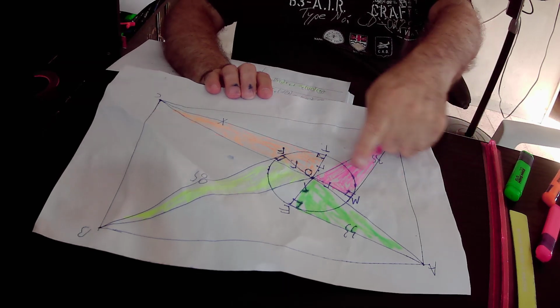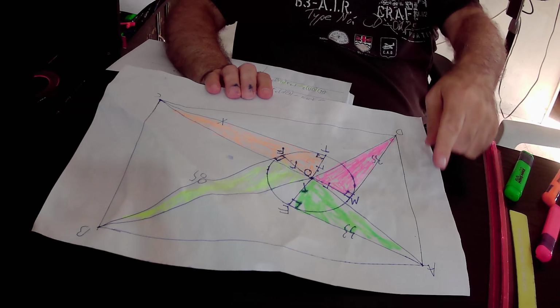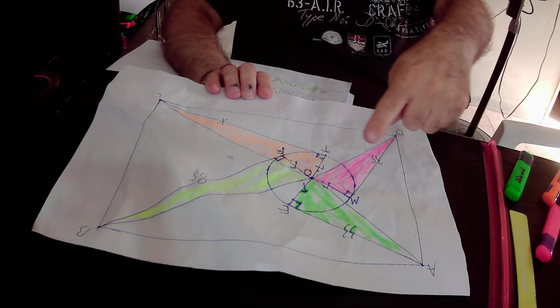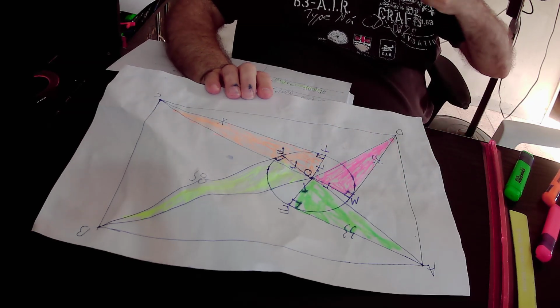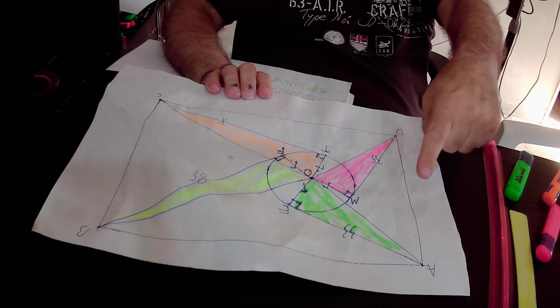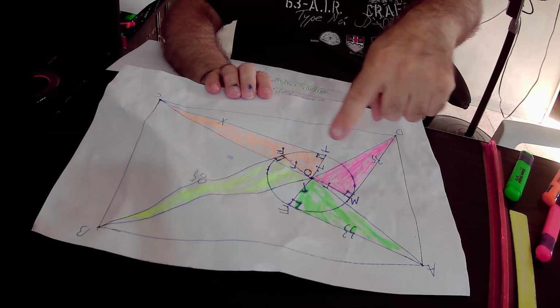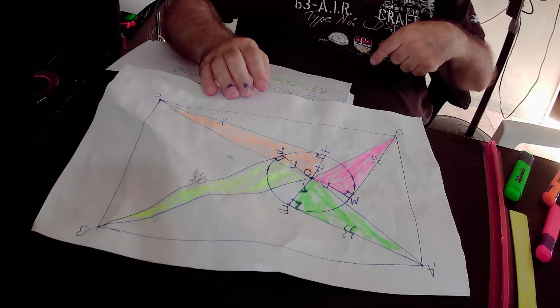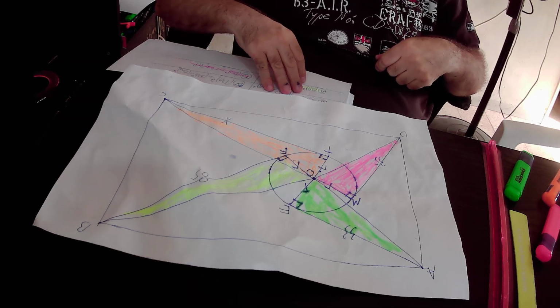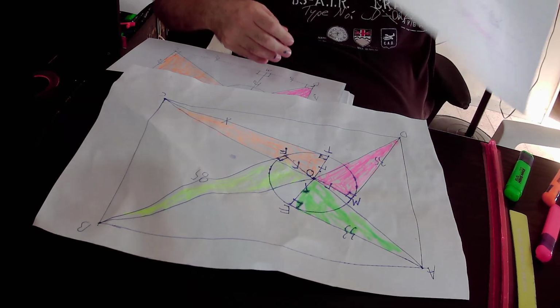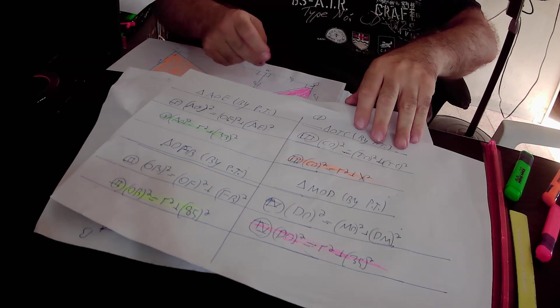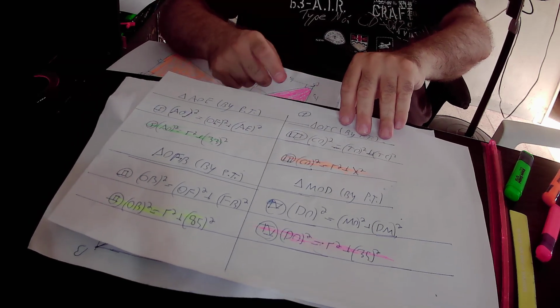We join points A and O together by a straight line. In this way, we created the green right triangle AOE. According to the Pythagoras theorem, AO square equals OE square plus AE square.